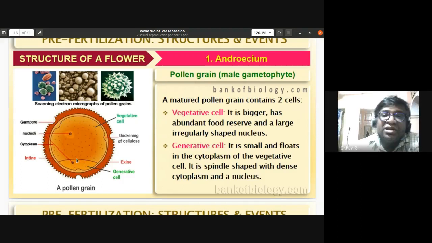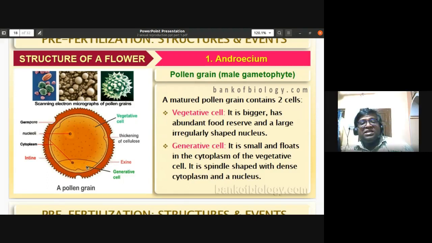So a mature pollen grain contains two cells: a large vegetative cell which is bigger, has abundant food reserve, and a large irregularly shaped nucleus.